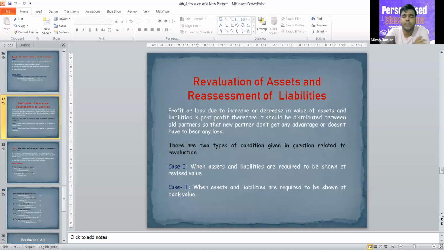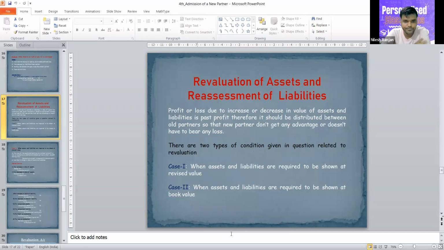Profit or loss due to increase or decrease in value of assets or liabilities is past profit. Therefore, it should be distributed between old partners so that the new partner doesn't get any advantage or bear any loss. We don't want to pay any profit to the new partner or any loss to the new partner. So it should be distributed between existing partners.